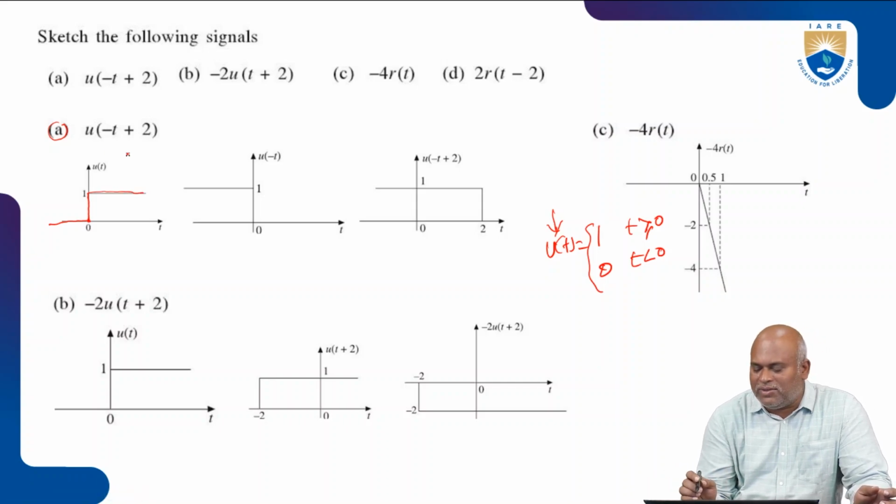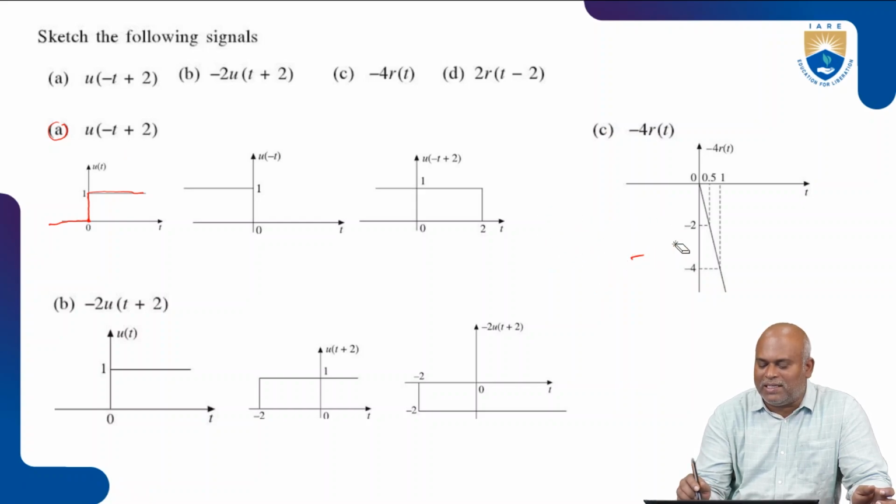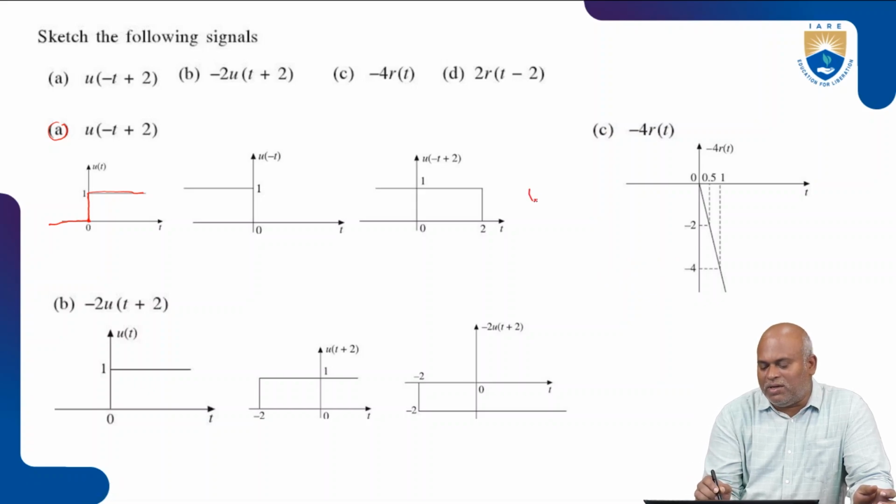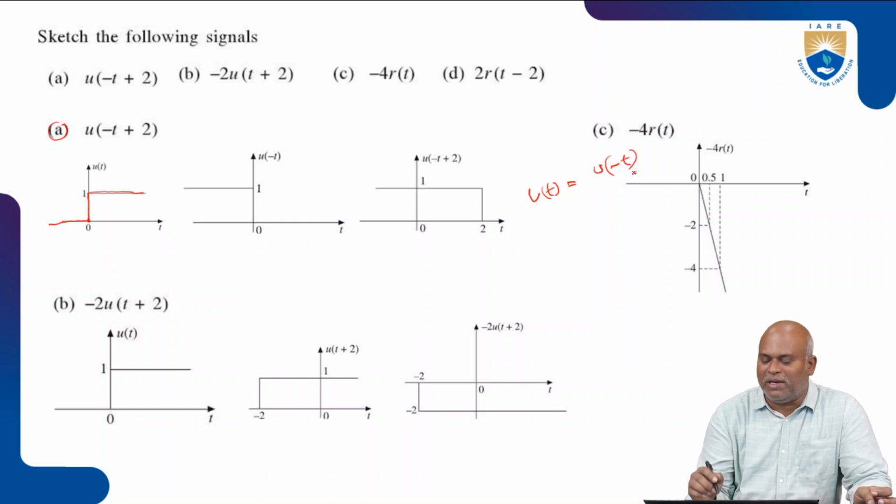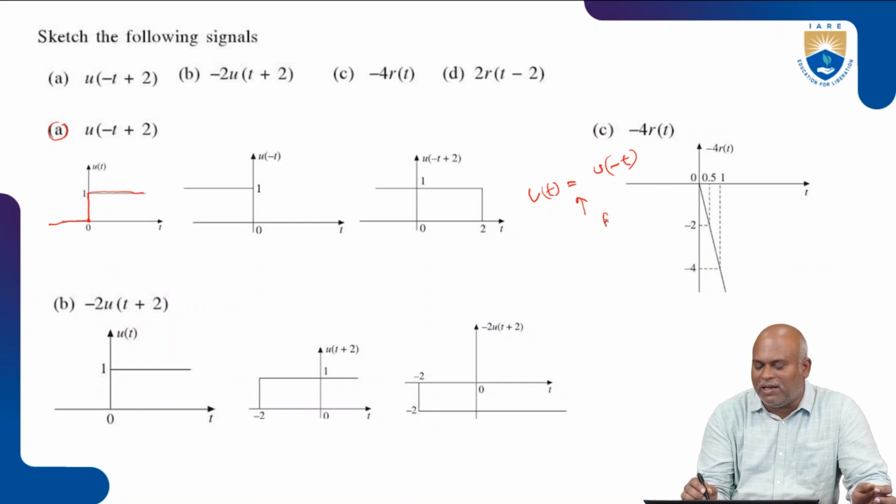Now we should draw u of t into u of minus t. That is time folding. U of t into u of minus t, that is called time folding or time reversal. So what will happen? The right side values are going to be shifted to the left side.